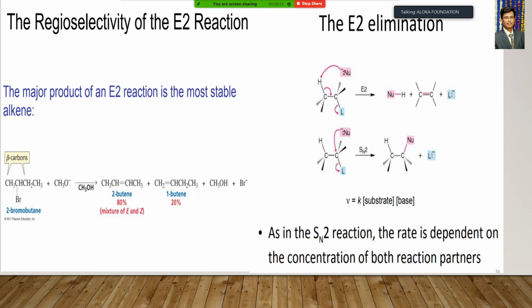Now let's go for the mechanism. It's similar to your SN2. It depends upon both the concentration of your reactant as well as your nucleophile or the base. So what happens in the first step?